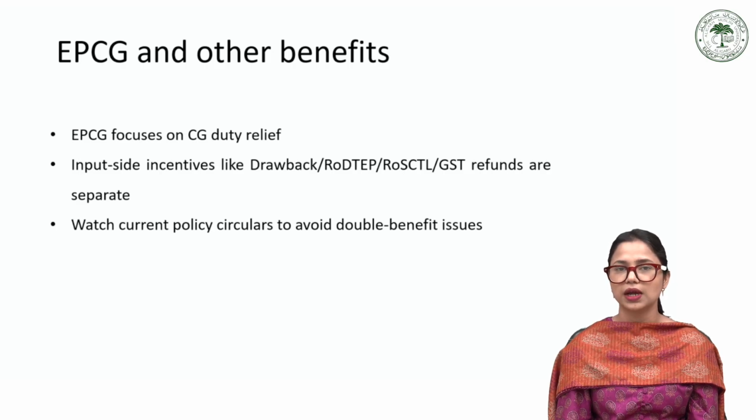Many a times it might happen that an exporter has received benefits under the EPCG scheme, but it collides with other schemes as well, or the benefits might be country specific. So the exporter must be well aware whether there is any overlap in the benefits or schemes they are claiming and availing.